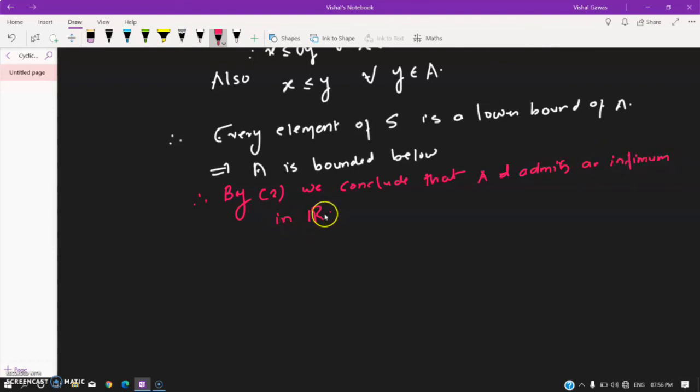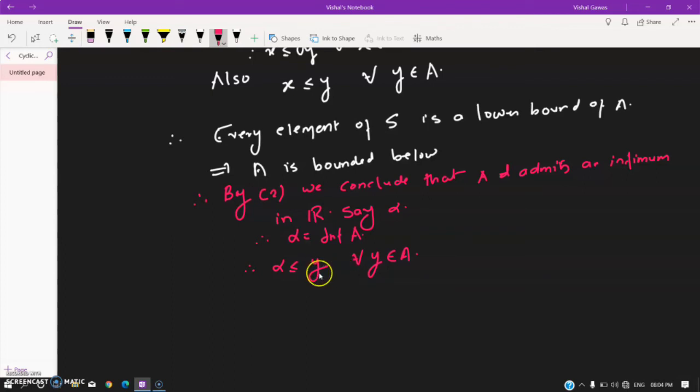Let me call that alpha. Therefore, alpha is nothing but the infimum of A. Fine. So since alpha is the infimum of A, alpha would be less than or equal to every y in A. Since it's an infimum of A, every y would be bigger than the infimum, because the infimum is first of all a lower bound.